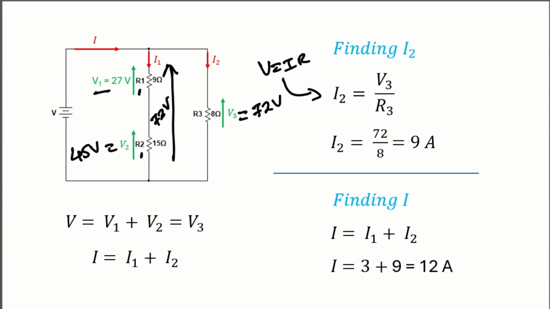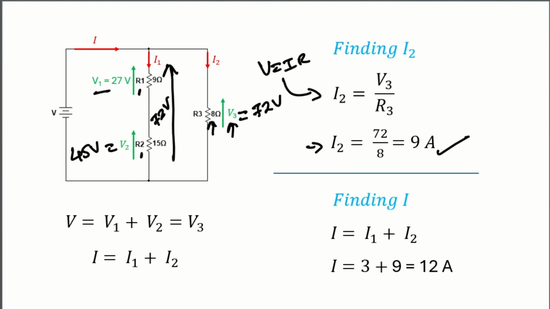If you apply Ohm's law across this R3 resistor to find the current I2, I2 will be equal to V3, the voltage across this resistor, which is 72, divided by the resistance 8 ohms, which gives you 9 amperes.